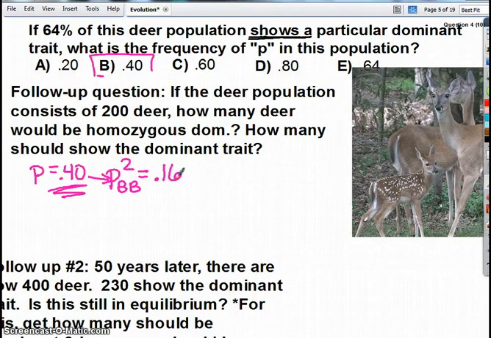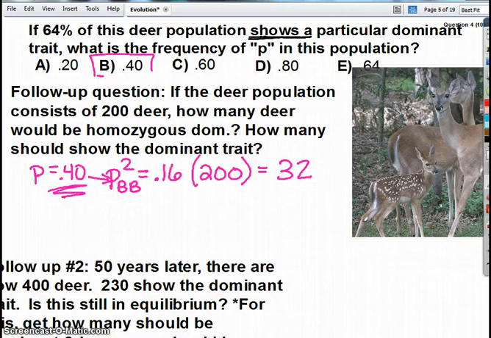And then 0.16 is going to be our frequency of dominant, but we have 200 deer, so to get how many deer would be homozygous dominant, we would multiply 200 times 0.16, and if we do that, we get, I believe, 32 deer. Okay, and so that's telling me how many deer are homozygous dominant.